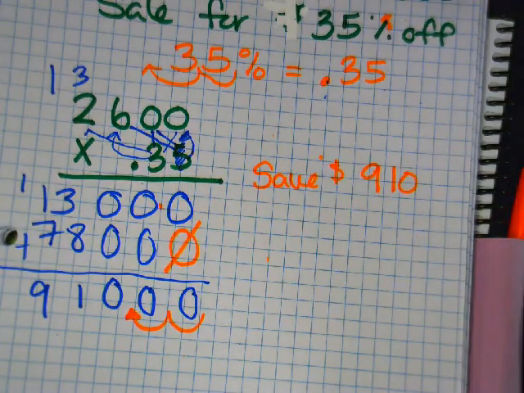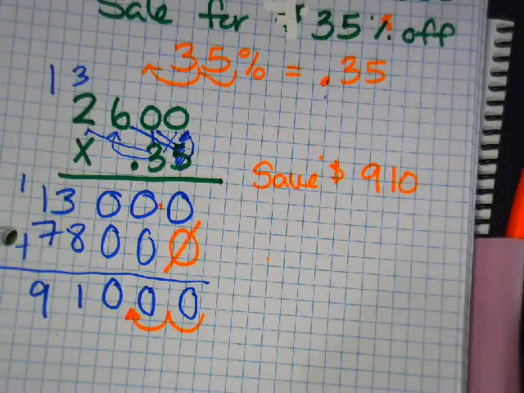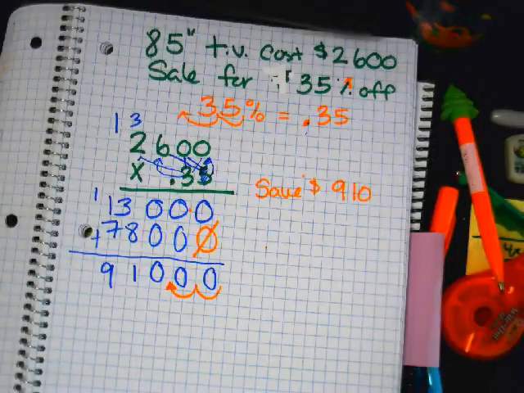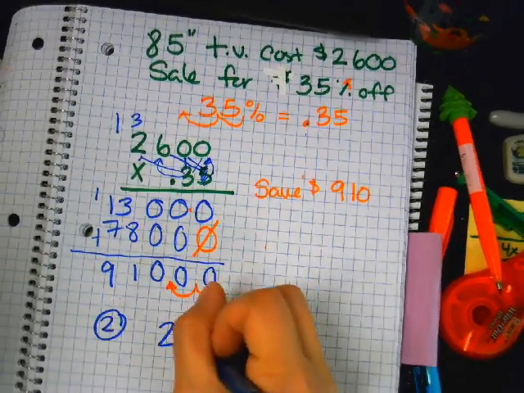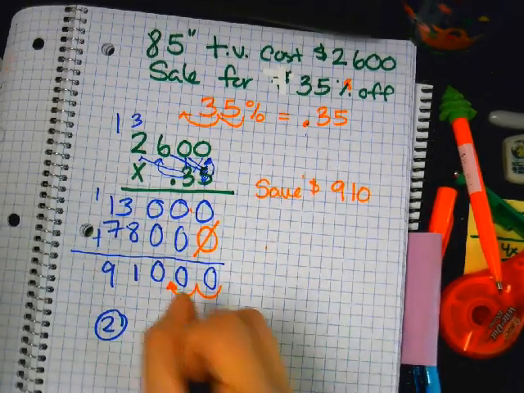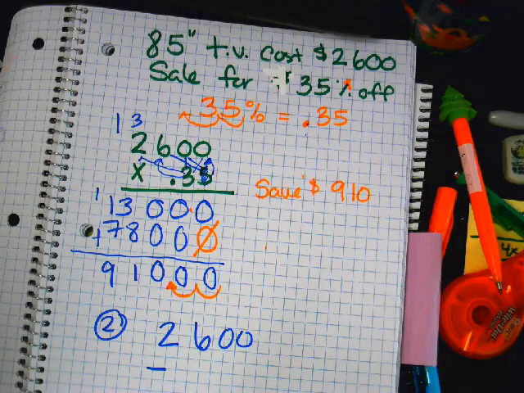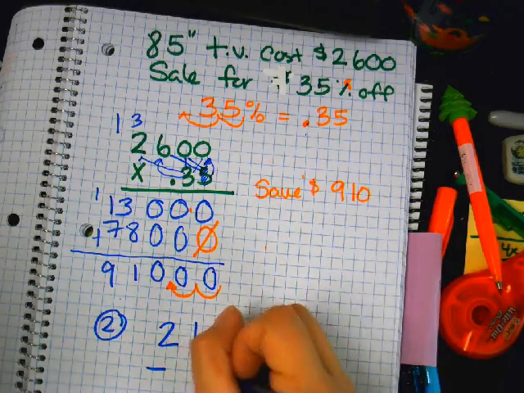That's a lot. But our TV is a lot, right? So the more expensive it is, the more you save. All right. What's my second step? Subtract. Step number 2. I take $2,600 and I'm going to subtract what? 910.